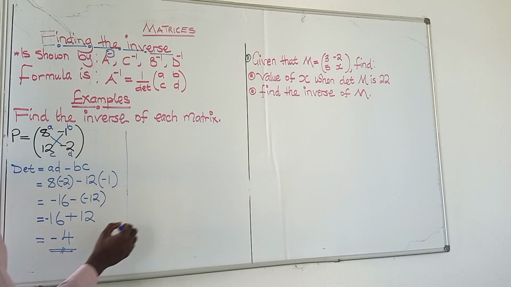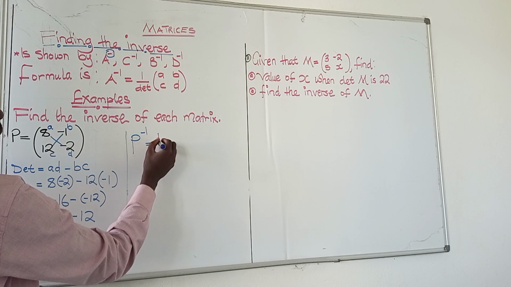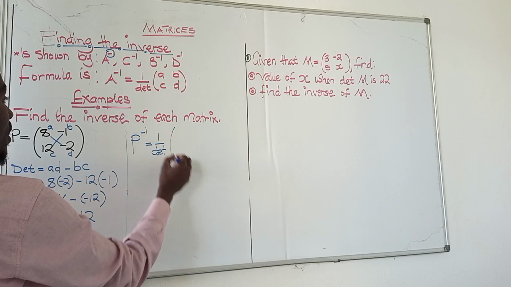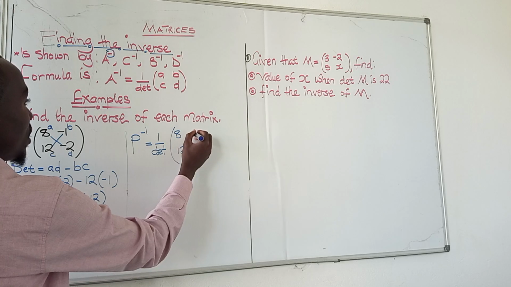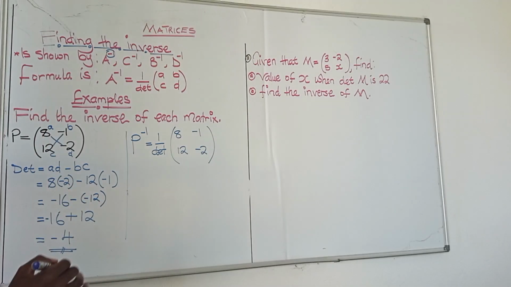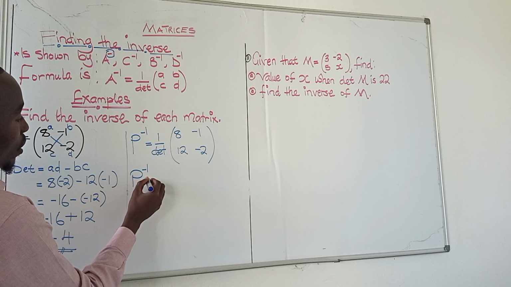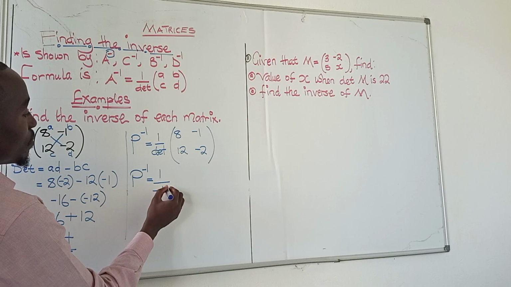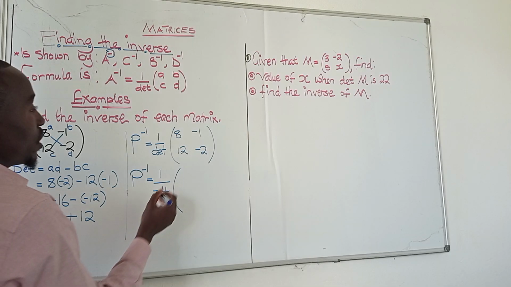Now, let's find the inverse. P inverse will be equal to 1 over the determinant times our matrix that we have been given here. Now here is the secret. Our final answer, the inverse of P, will be equal to 1 over negative 4, the determinant.